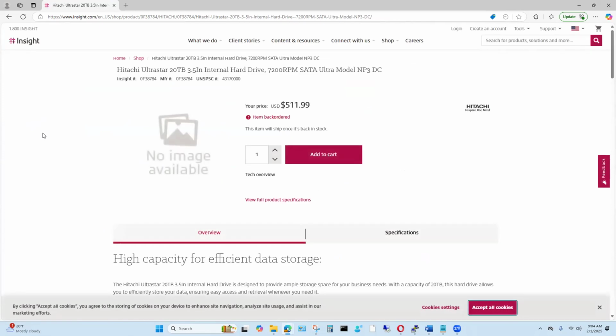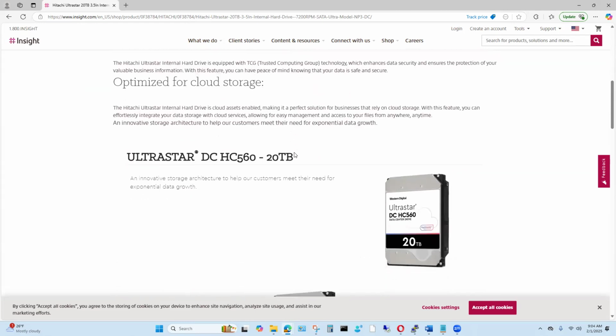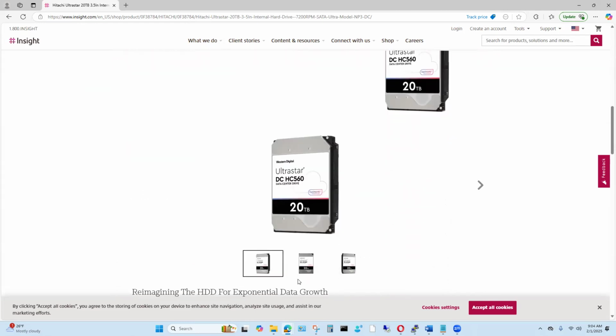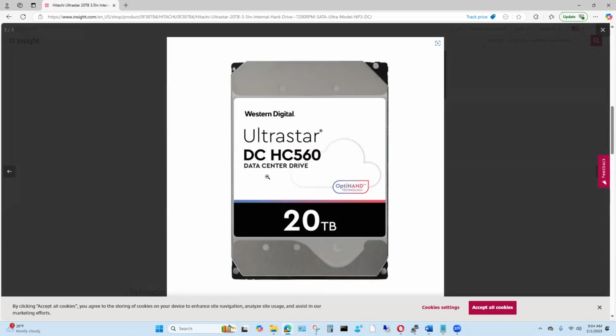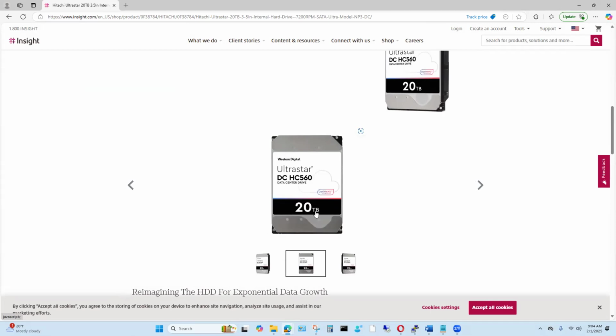Okay, somebody like CDW is selling this, and they have 20 terabytes. Oh, it's pretty cheap. It's SATA, which means it's spinning. It is not solid state. It says data center drive, and it has 20 TB.